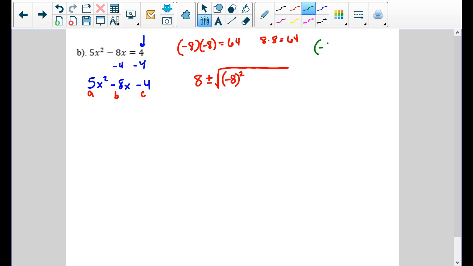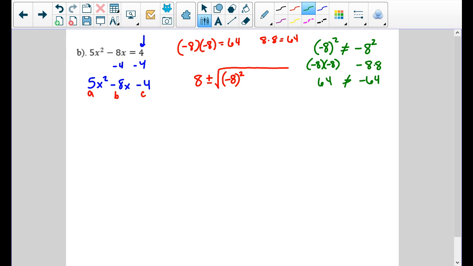This negative 8 squared does not equal negative 8 squared, okay? So this is negative 8 times negative 8, which is going to give me a positive number, and this is negative 8 times 8. So it's going to give me a negative 64. So here it gives me a positive, here it gives me a negative.